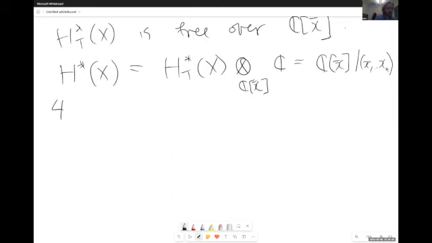Okay, so then the fourth thing, and then I'll show you a calculation. This has to do with Poincaré duality.